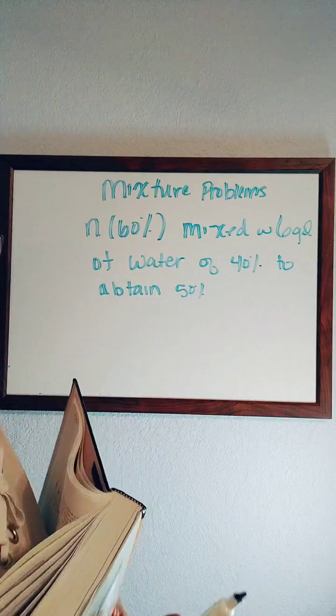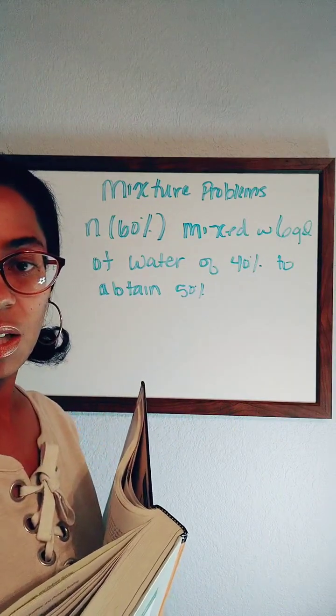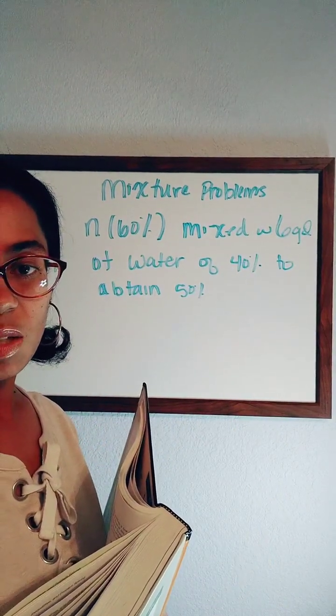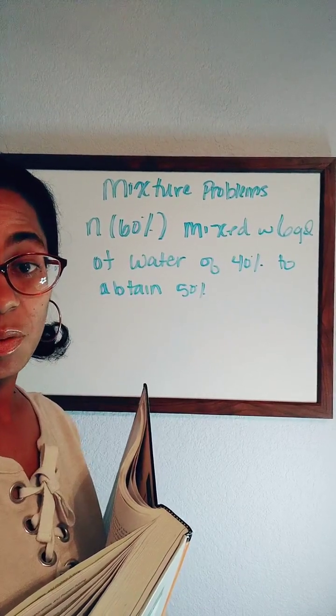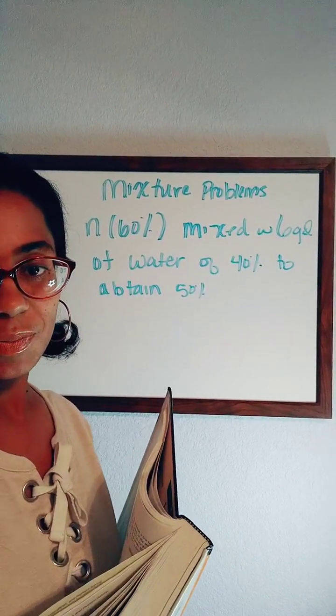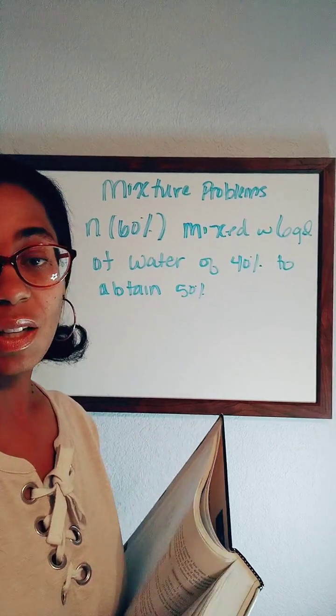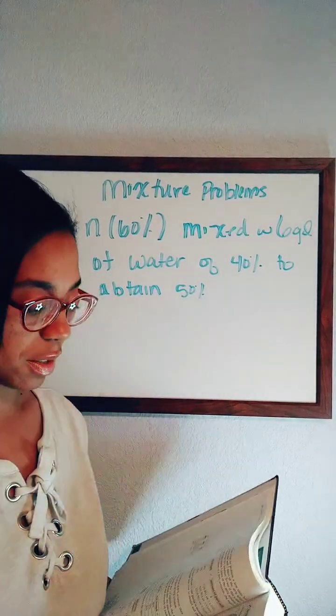Okay, so you need to mix a 60%. How much of a 60% needs to be mixed with 6 gallons of 40% to get a 50%, right? That's what you want? Applied calculus has me beat.